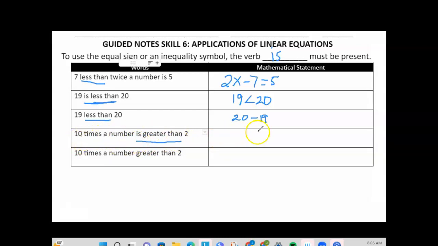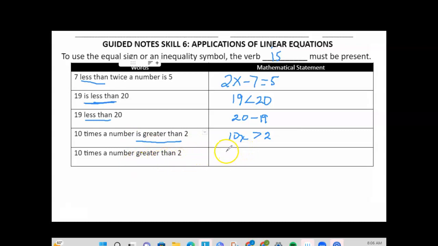10 times a number is greater than 2. 10 times a number, that's multiplication. 10 times a number, so 10x, is greater than symbol, 2. 10 times a number greater than 2. So kind of the same, but doesn't have the word is in it. So it's going to be addition because it's greater than.